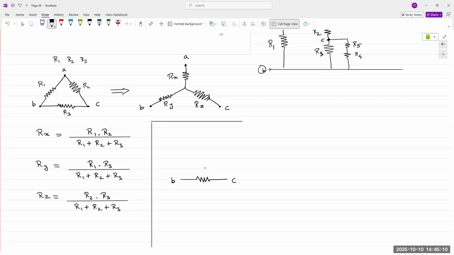This is B, this is C, this is R3. Oh, not 3, 4. 4 and 5. This was our original circuit. So now if we transform this, what do we get?